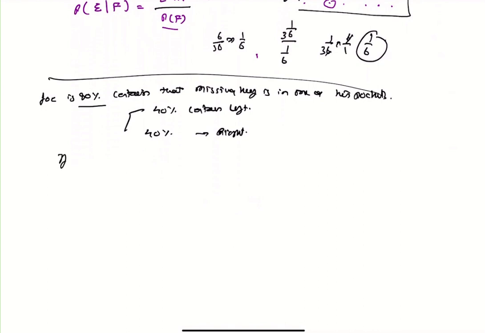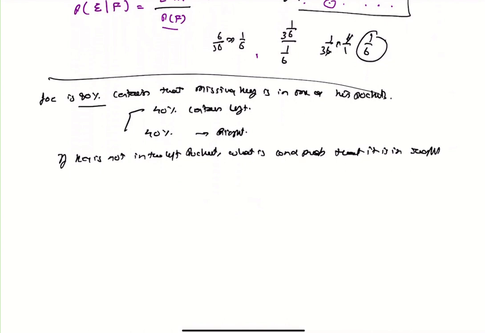If the key is not in the left pocket, what is the conditional probability that it is in the right pocket?